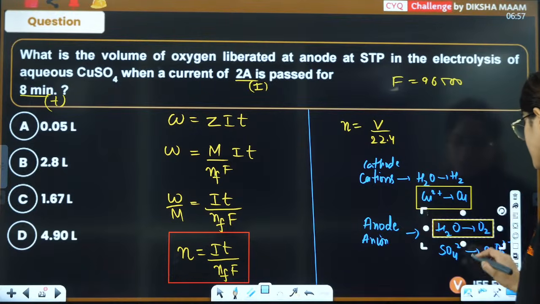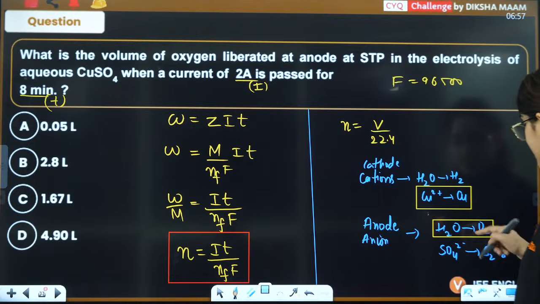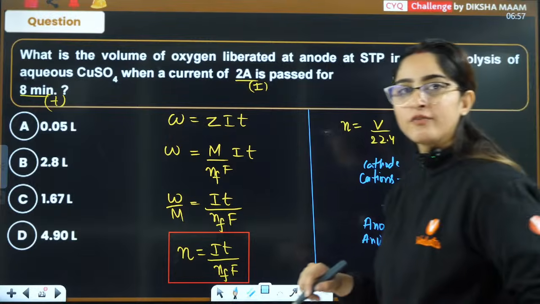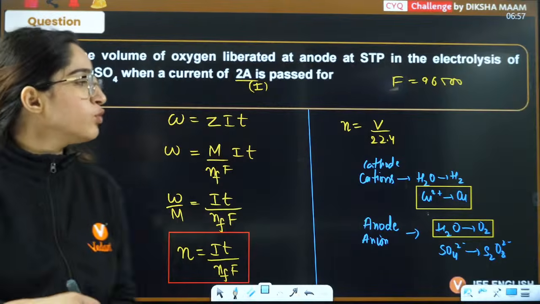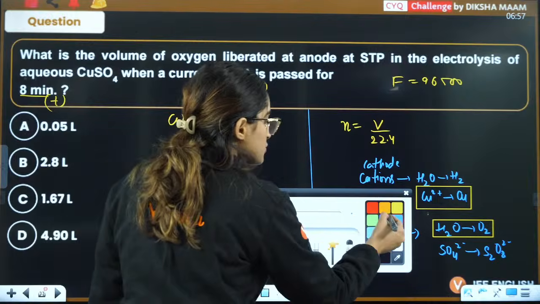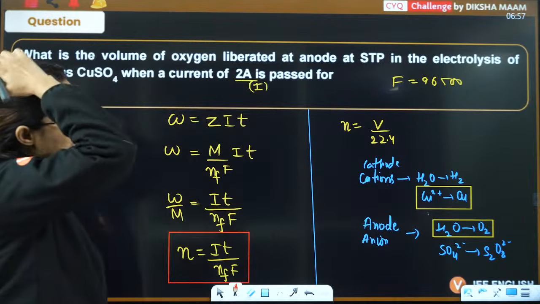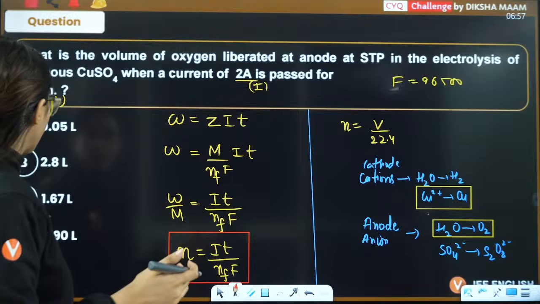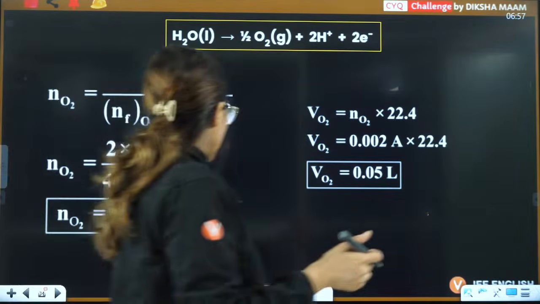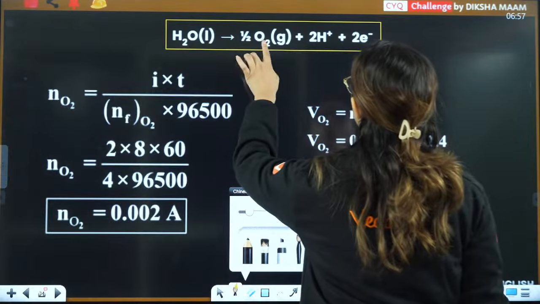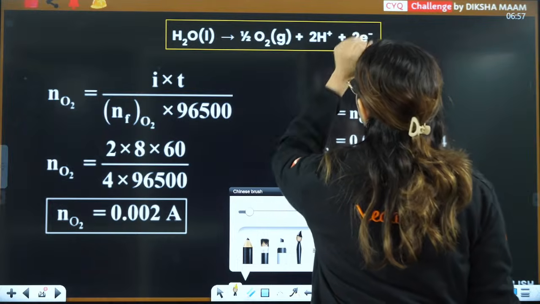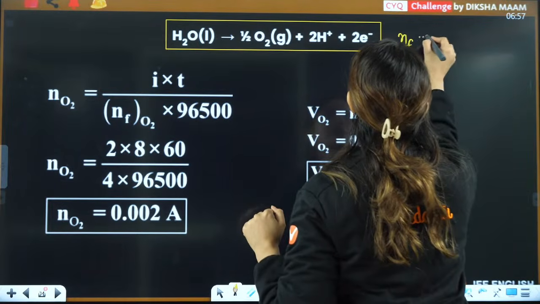This will be chosen because this is more. In this case, this is more, that is water will be chosen. Water will convert to O2, right? So now at anode water is getting converted to O2 by giving electrons, that means N factor is equal to 2.